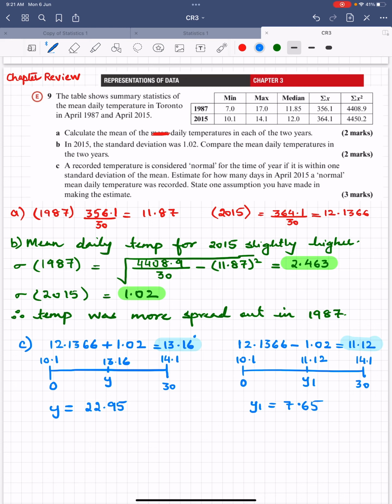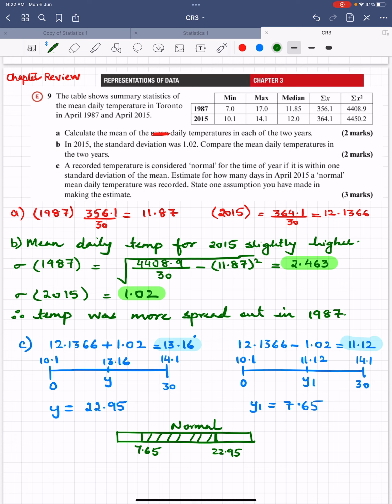So now we need to find out exactly how many days are within the range. Let us understand this by imagining that this is April. Okay, so the April has 30 days. Now the day 22.95 and the day 7.65. So between this period, the temperature is normal.